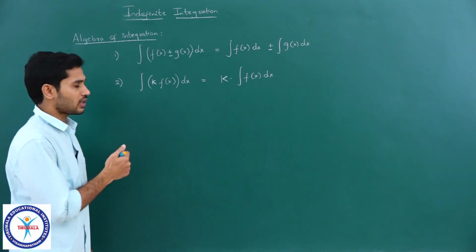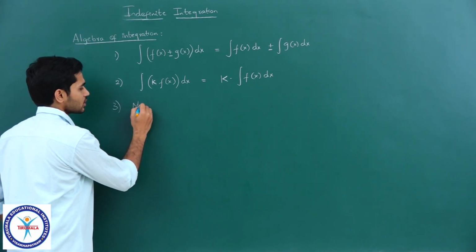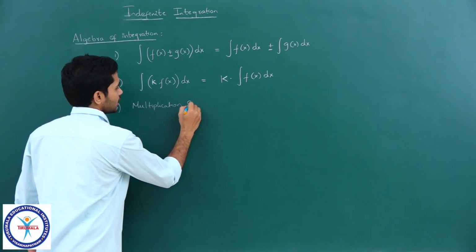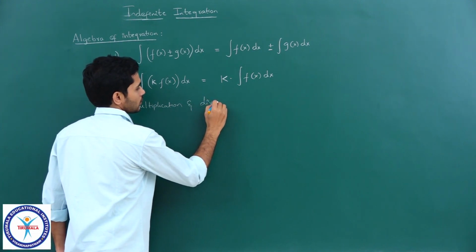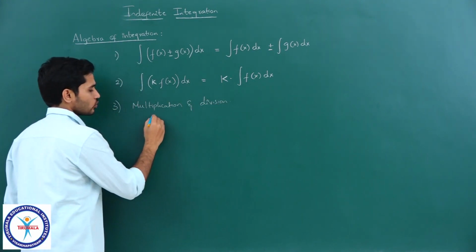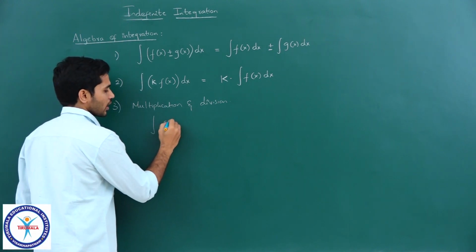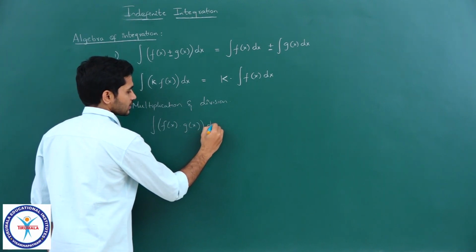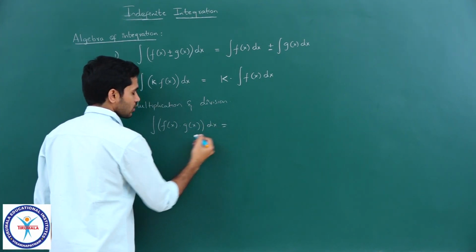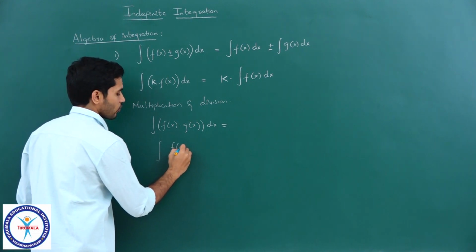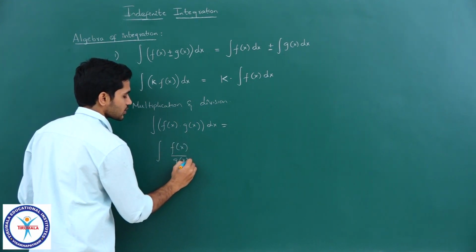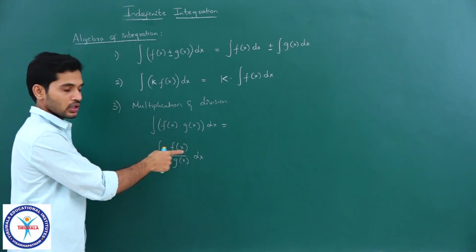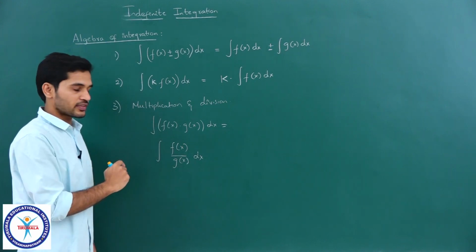And after this, see the next steps when it comes to multiplication and division of functions, which means if there are two functions like this, integral of f of x into g of x dx, or integral of f of x by g of x into dx, clear, something which is similar to uv rule and u by v rule which we discussed in differentiation.